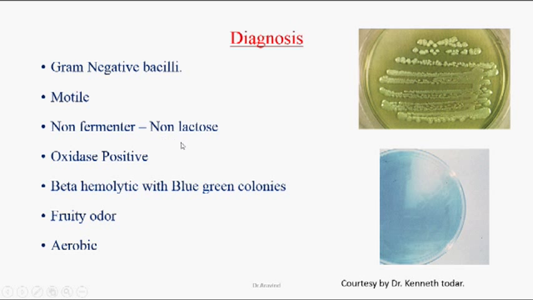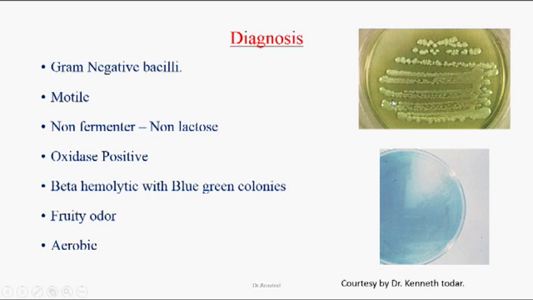When compared to the Enterobacteriaceae group, these organisms are non-lactose fermenting and oxidase positive. On blood agar, they are beta hemolytic and produce bluish green colonies. The colonies always produce a fruity odor, and these organisms are aerobic in nature.